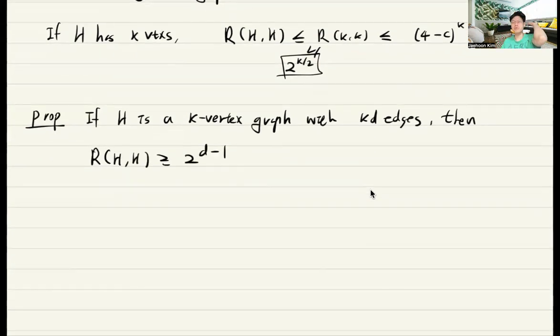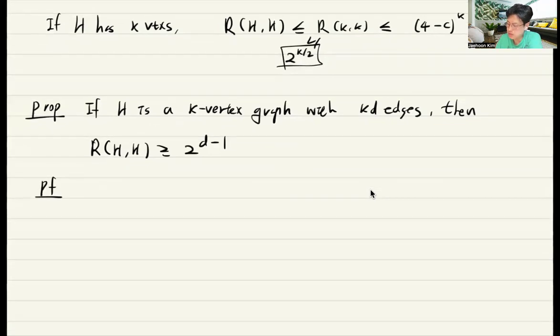Actually, d is half of the average degree, which is the number of edges in H divided by the number of vertices in H.